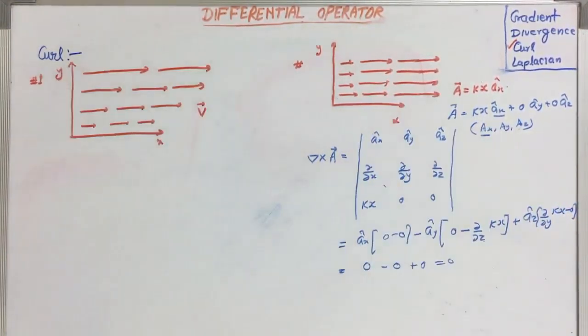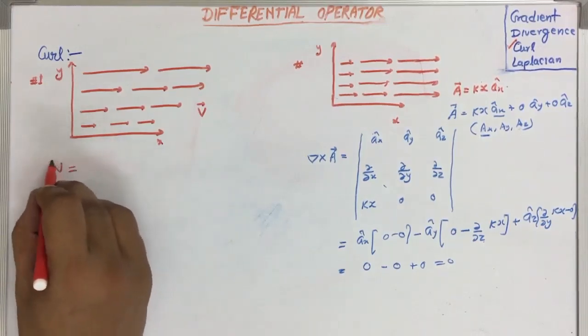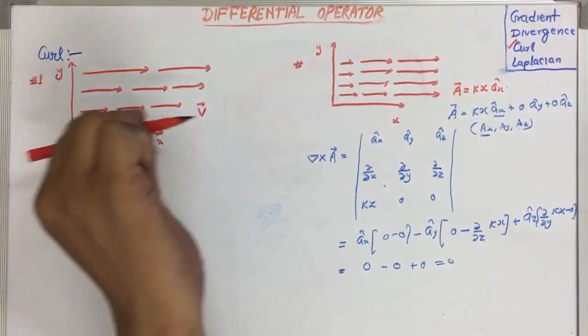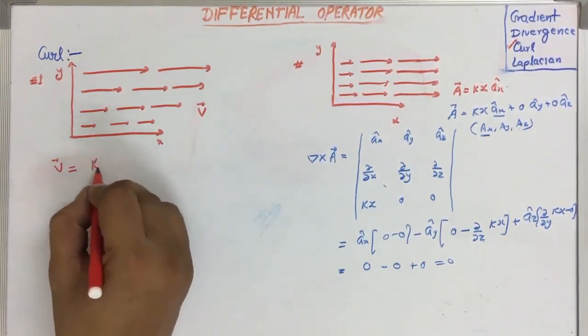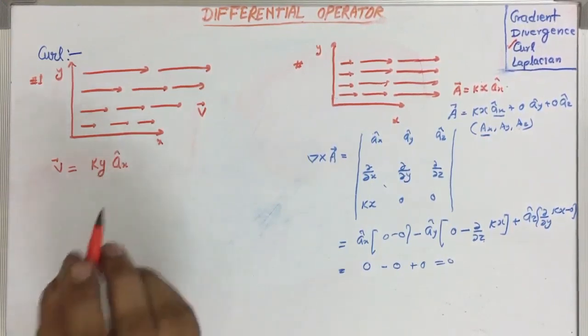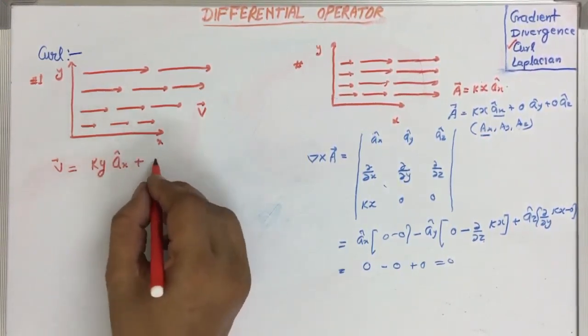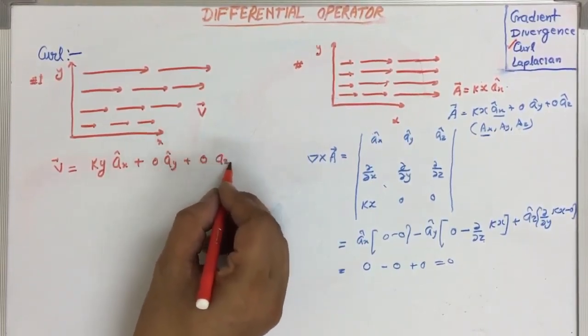Now consider this field. What we can say about this field is that it is moving in the direction of x but changing in the direction of y. So we can say ky ax and 0 ay plus 0 az.